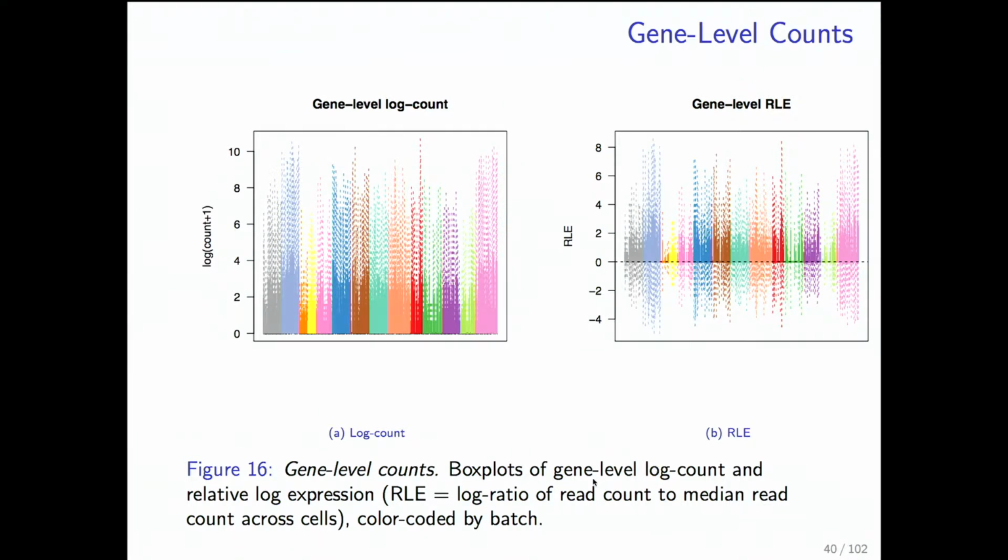The RLE is the relative log expression, so it's a log ratio of read count to median read count across cells. If the cells had similar distributions of read counts, the RLEs would be centered at 0, and the box plots would have the same width. So this is far from being the case. You have large differences in distribution both within and between batches.